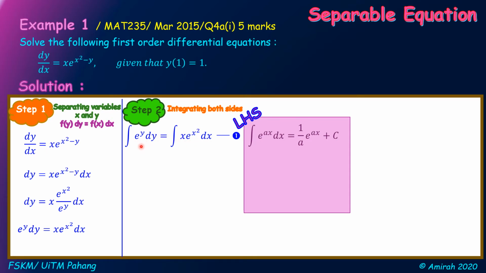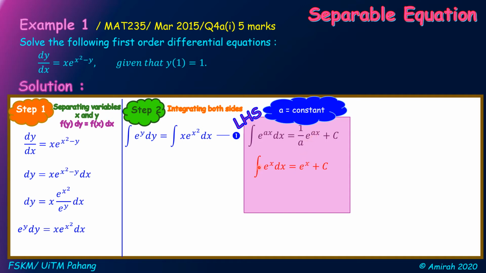To integrate the function for left hand side, we can refer to the integration of e the power of ax dx equals 1 over a e the power of ax plus c. A here means constant. Let's say we replace a by 1. So integration of e the power of 1x dx equals 1 over 1, which is 1, e the power of 1x plus c.